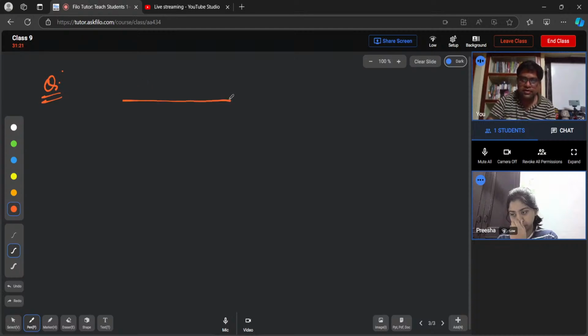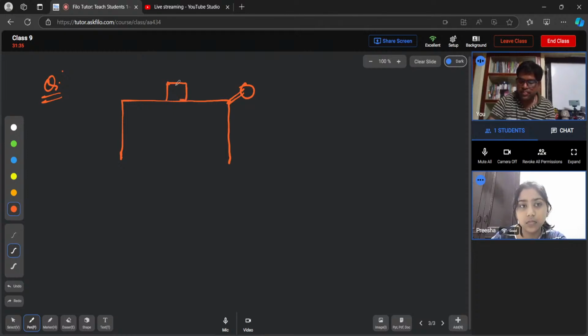There is a table, and there is a pulley here, there is an object of mass m1 here, and this mass is connected over this pulley. Another mass m2 is hanging here, right? Yes, sir.